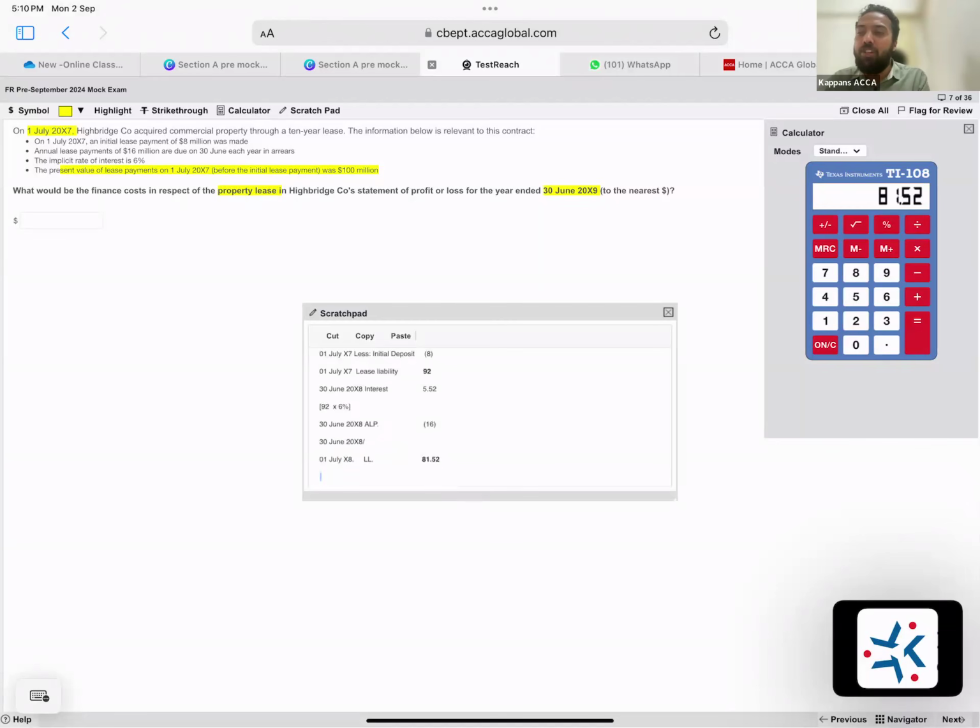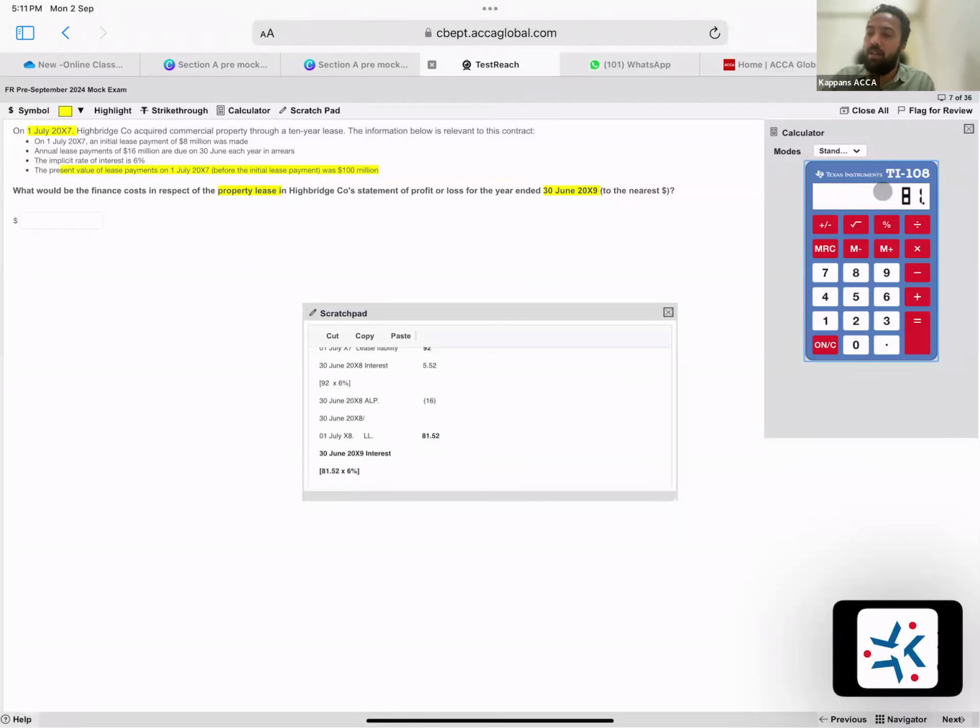Now at the end of the next year, on 30 June 20X9, since annual lease payment is paid at the end of the year, first interest will be calculated. So interest is 81.52 multiplied by implicit interest rate 6%.